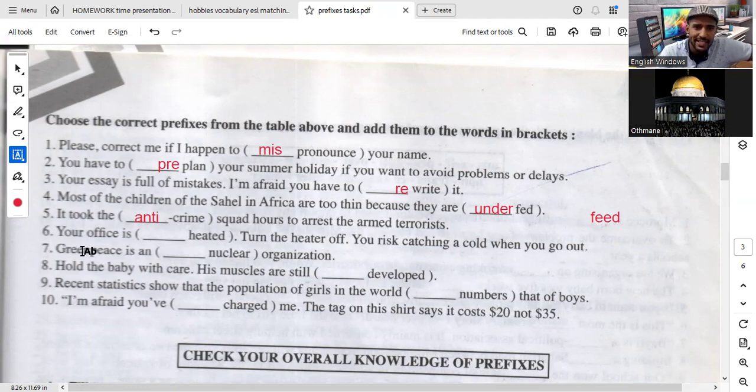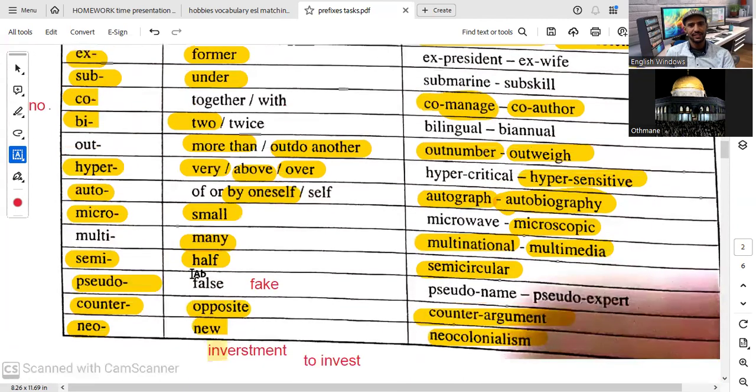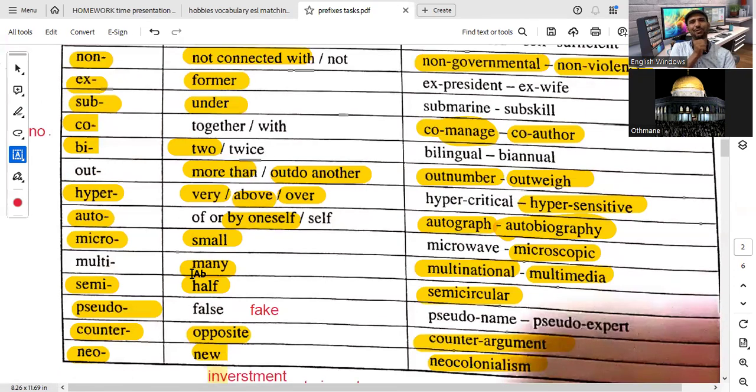Yes. Number 6 here, your office is heated. Turn the heater off. You risk catching a cold when you go out. Okay, so it means it's too hot, right, in the office. Your office. Another one.